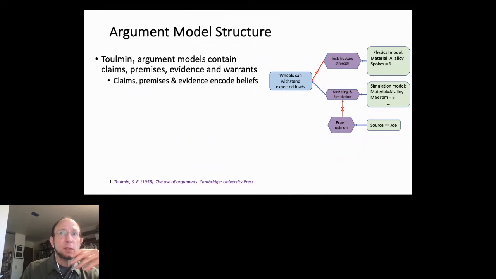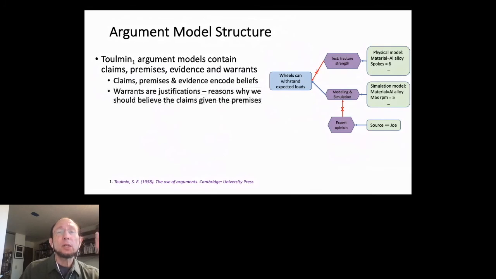Beliefs, however they're represented, for example in a relational logic, are statements about the world which we're arguing over whether we should believe them or not. Warrants are justifications, reasons why we should believe the claims given the premises. Warrants can support or attack premises. They can also support or attack claims on the output side of warrants, or other warrants, and these structures can be hierarchical, or build a graph structure, as I showed you in the previous slide.